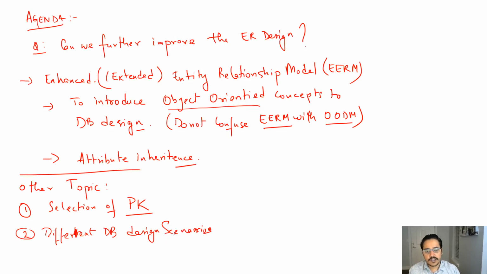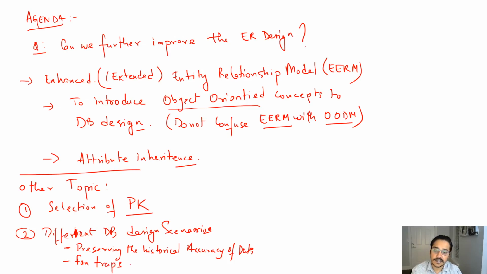Okay, so here specifically what we are going to talk about, of course your textbook has multiple different design scenarios, but what we are going to focus on is specifically preserving the historical accuracy of data, and then we're going to talk about this specific erroneous design case within database which are known as fan traps.